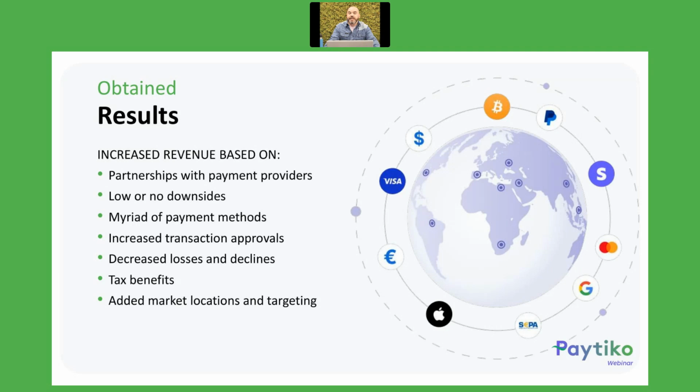And in case they are part of our partnership network, yes, you can keep using them through the Paytiko dashboard. That's for sure. We can do the specific setups and keep using them through the dashboard as long as they are partners of ours.